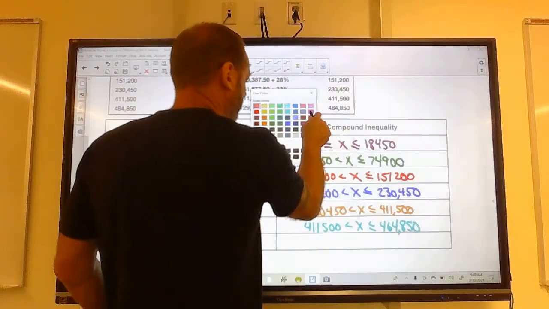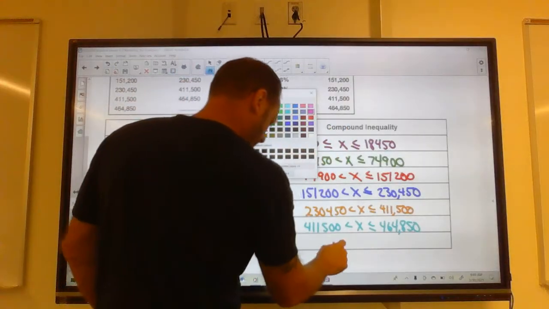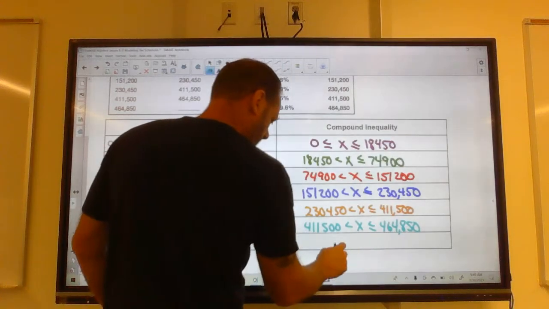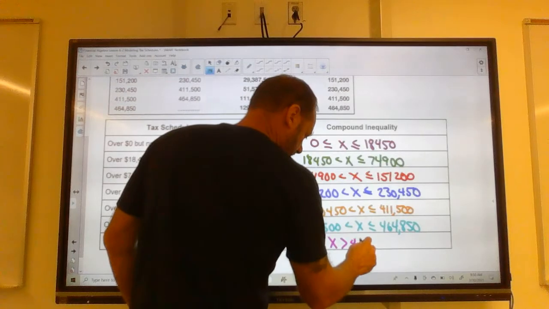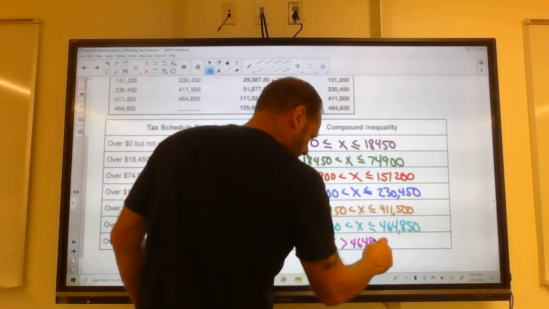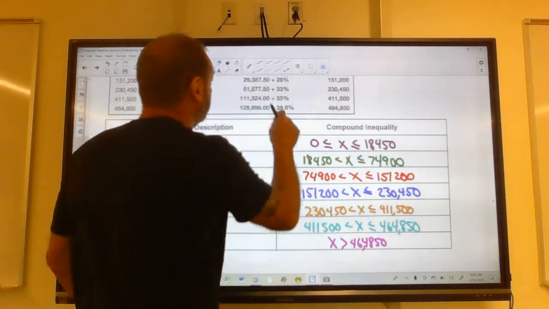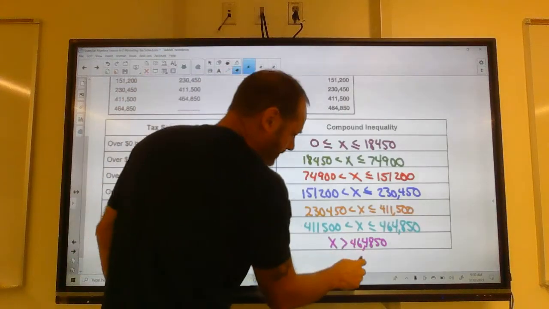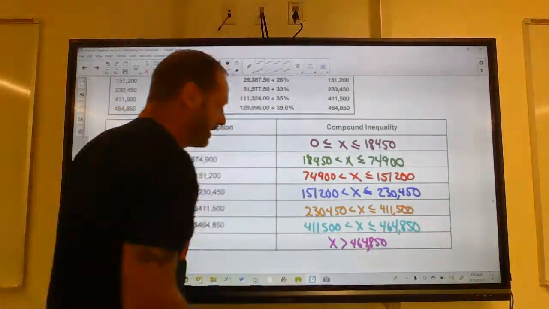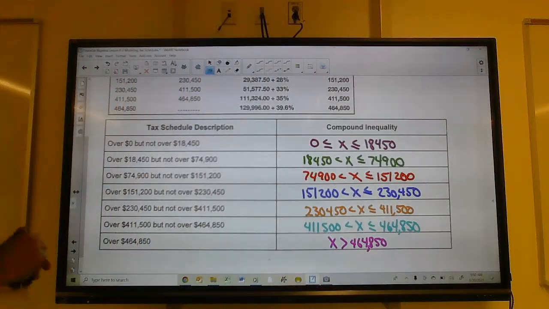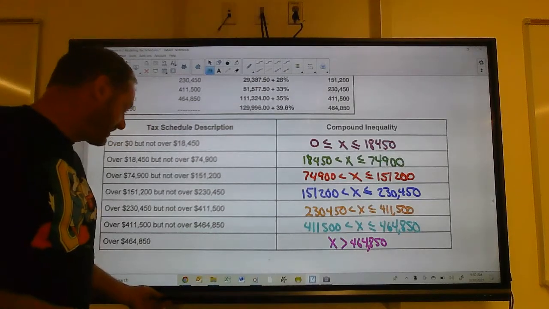So that's just going to be, whoops, x is greater than $464,850. Whoops, I put the comma in the wrong place there. There we go. And so your chart's complete. I'd be able to write a compound inequality for my test if I were you.